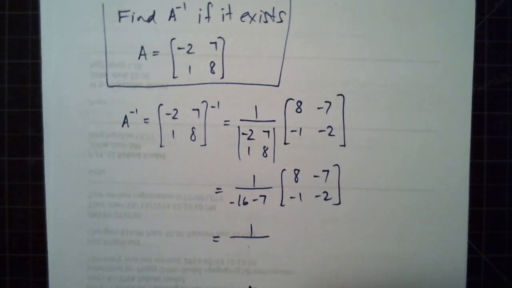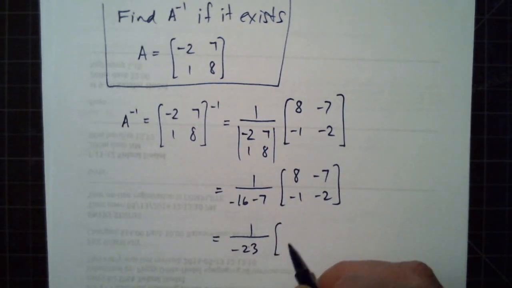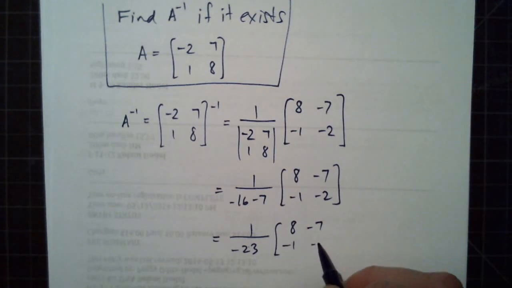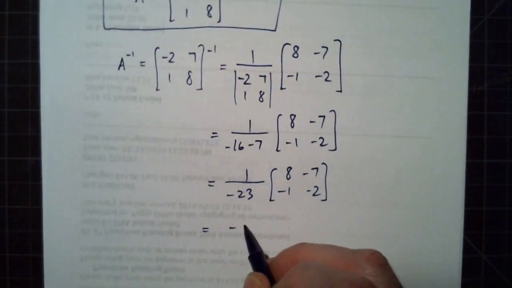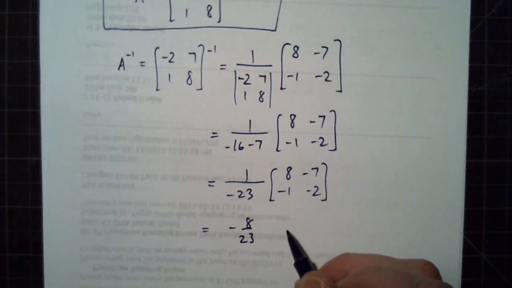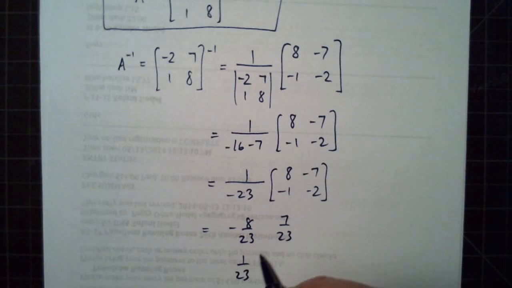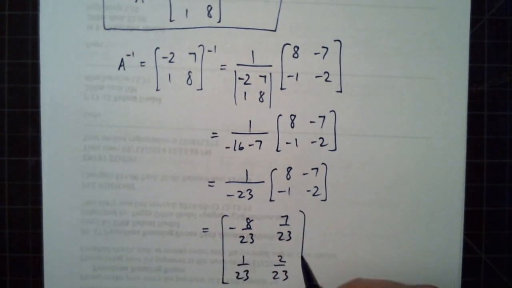And here we get negative 23. So we have negative 8 over 23, 7 over 23, 1 over 23, and 2 over 23. And that is the inverse.